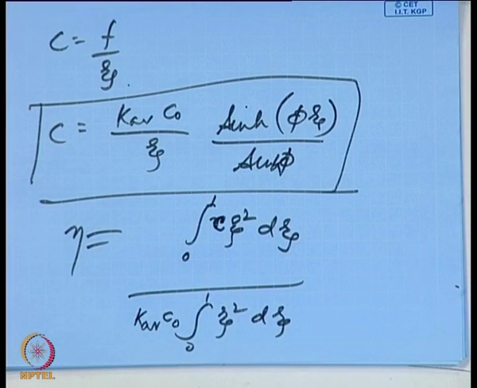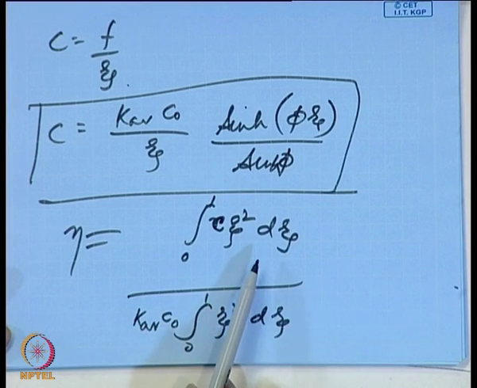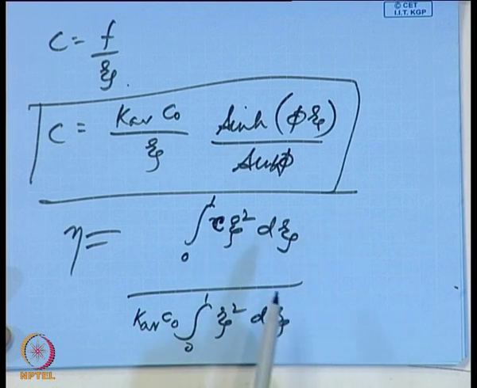The kV cancels out in both the numerator and denominator, because eta is reaction rate evaluated overall divided by reaction rate evaluated at the surface. So this is what remains.